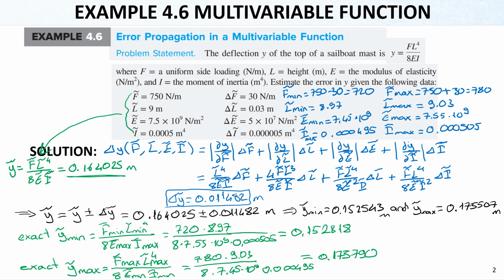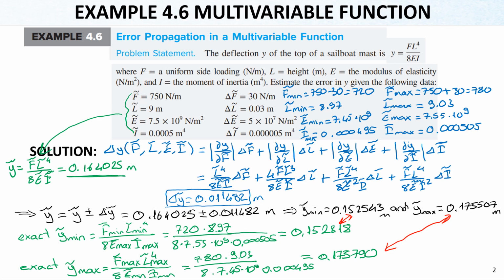Check these out. You can see that we will compare this with this and this with this one, because these are the max values. You can see we have pretty close results. It's about 0.15, this is about 0.15, and this is about 0.175, and this is also about 0.175. So the errors are close enough.